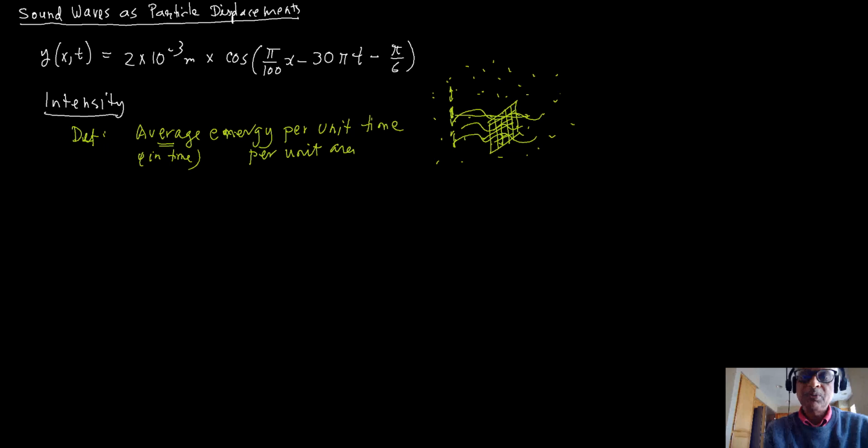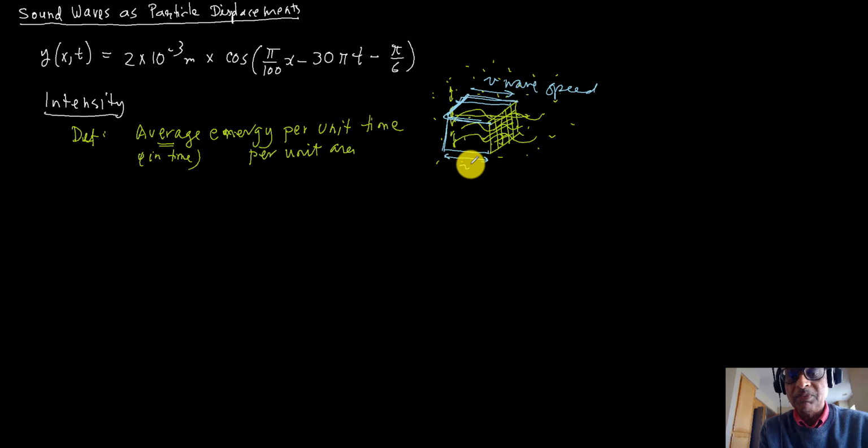Okay, so we notice that if the wave has velocity v, so this is the wave velocity v, then all the energy that's in this box of dimension v in the x direction, and the area is 1.